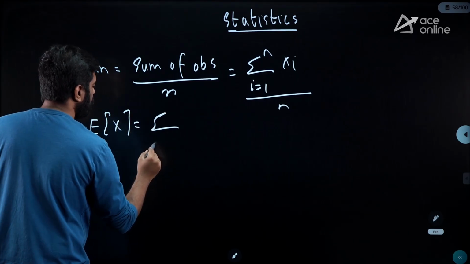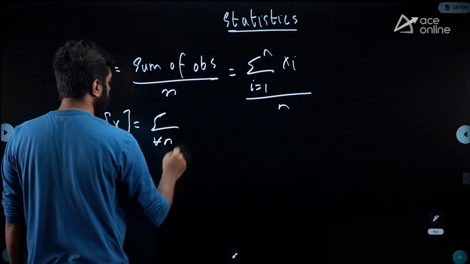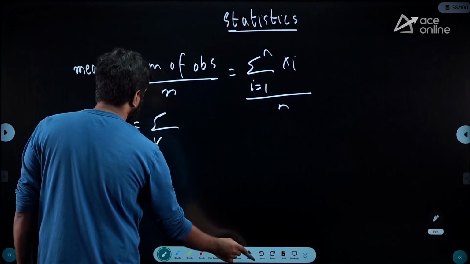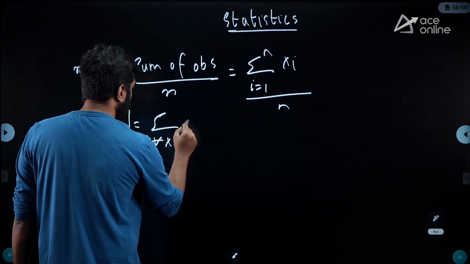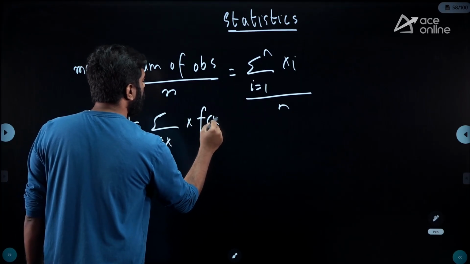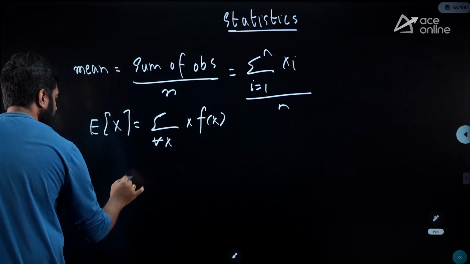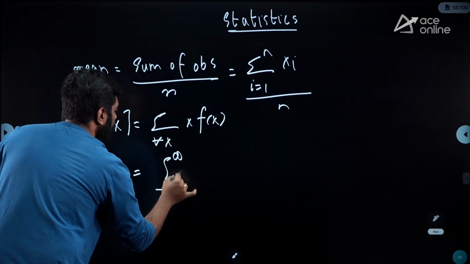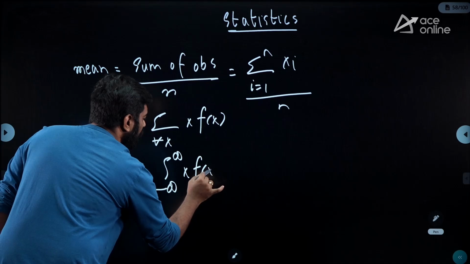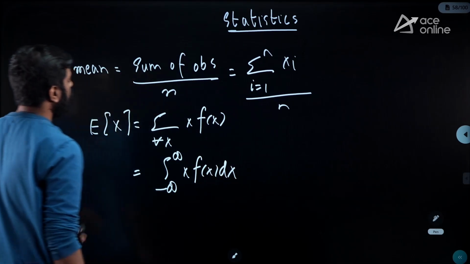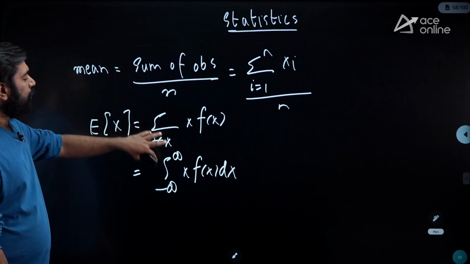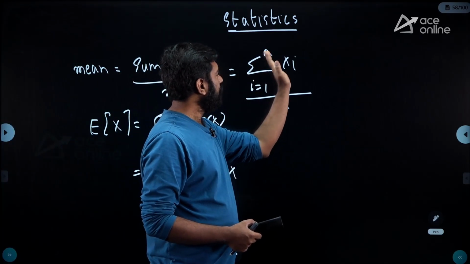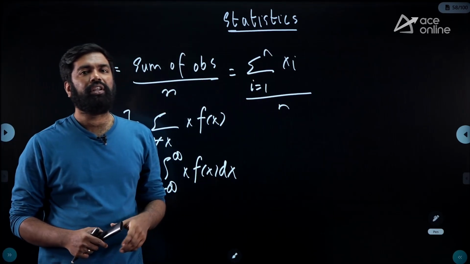It is calculated as summation over all the values of x of x into the probability of x. If a continuous random variable is given, it is the integration from minus infinity to infinity of x f of x dx. We have already discussed these things in the random variable section, but if only observations are given, this is how we find it: sum of the observations by number of the observations.